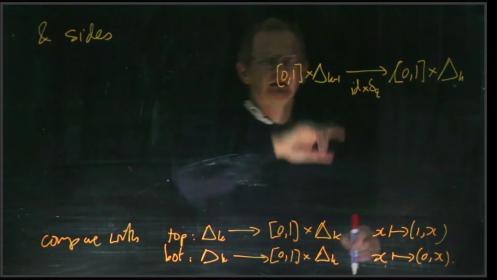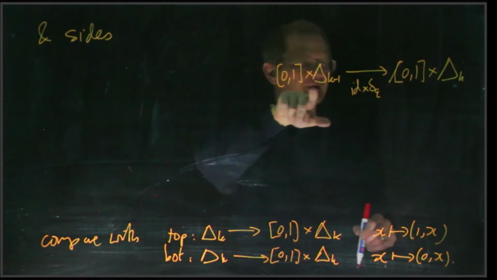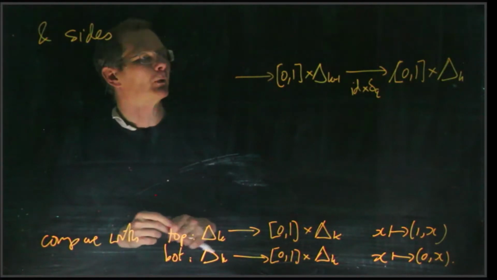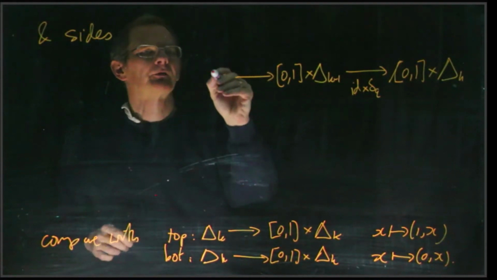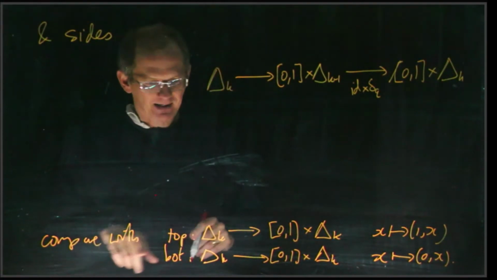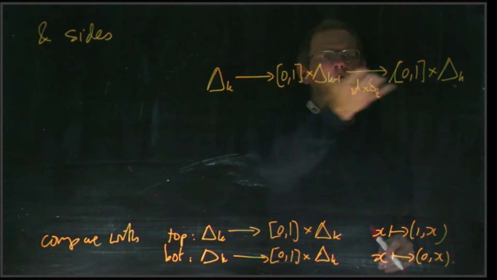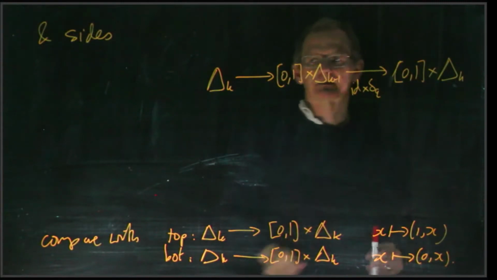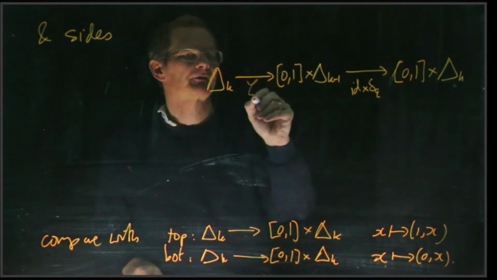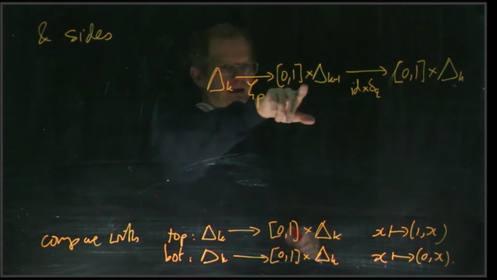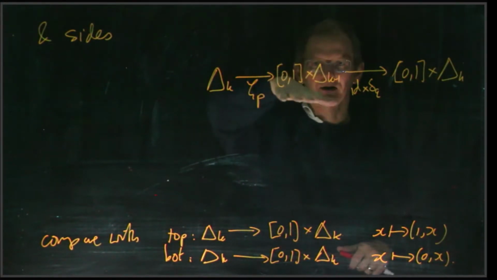Okay, but then this 0, 1 cross delta k minus 1 is just the same situation, one place down. We've got these maps, just as we had these zetas from delta k plus 1 to 0, 1 cross delta k. In the same way, we've got various zetas here, call them zeta p, going from delta k.